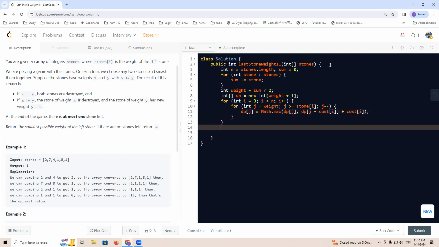In the end, what we return is sum minus 2 multiplied by dp of weight.